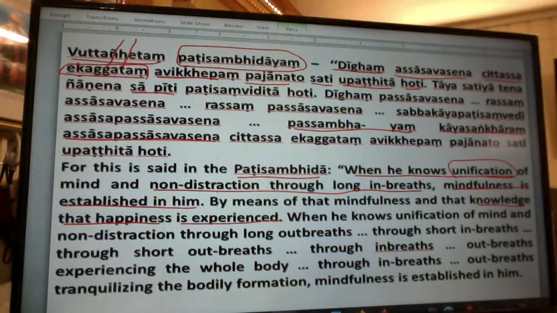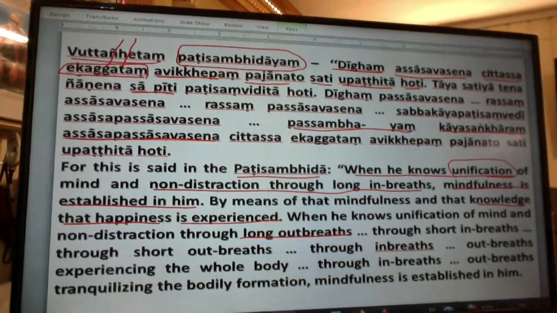Padisamvidita is knowing. Expedient meaning here is knowing. Knowing the happiness very clearly. Padisamvidita hodi. And also very similarly in a long out-breath.